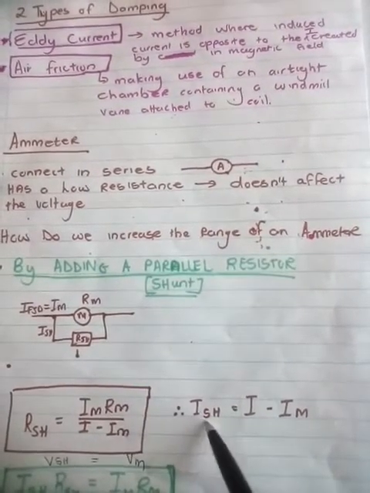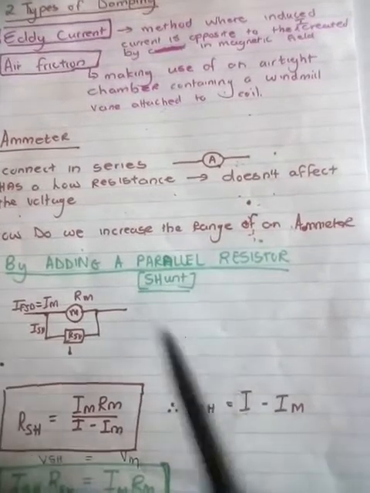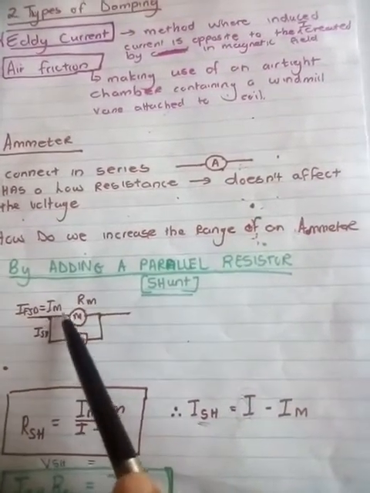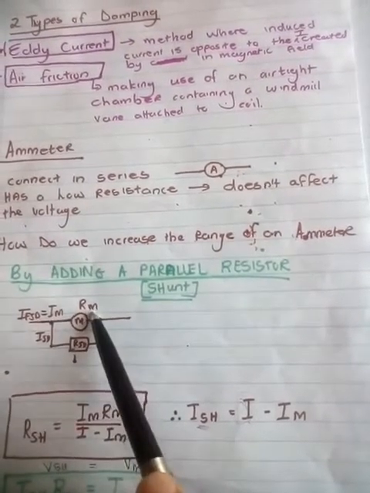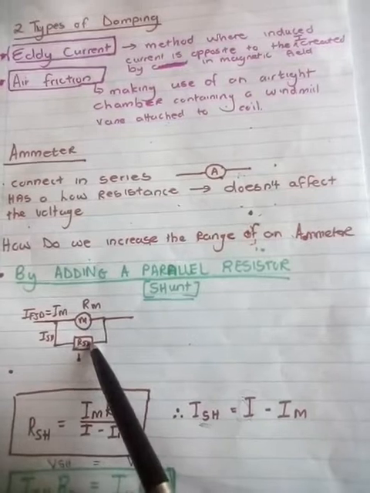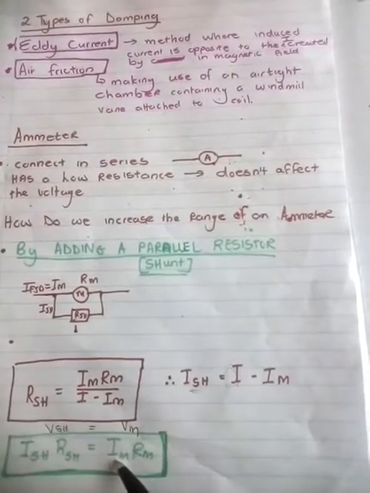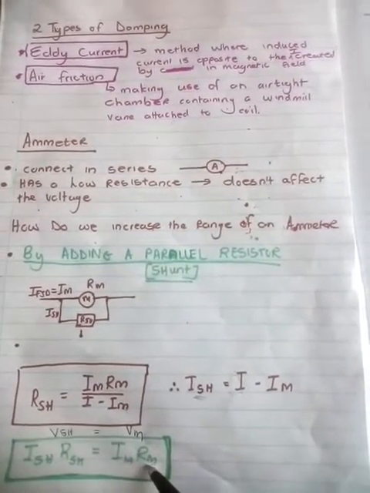You must know that the current through the shunt is equal to I total minus IM. So IFSD, which is the total, minus IM, is equal to the current through the shunt. I shunt times R shunt is equal to IM times Rm.